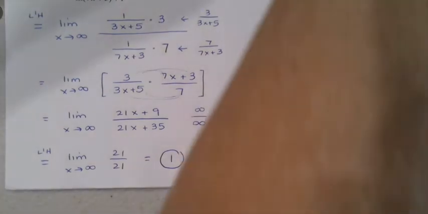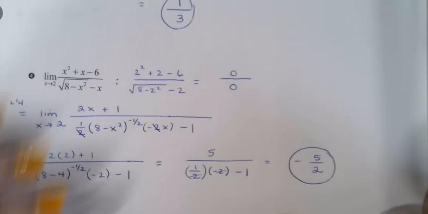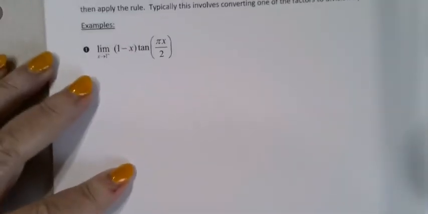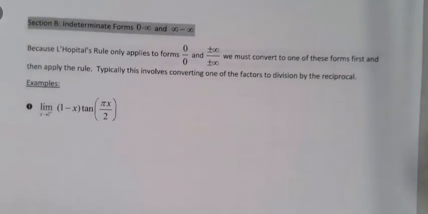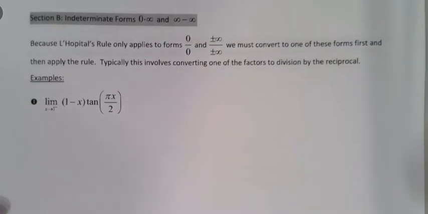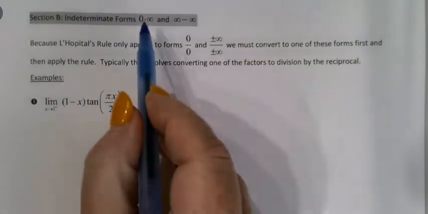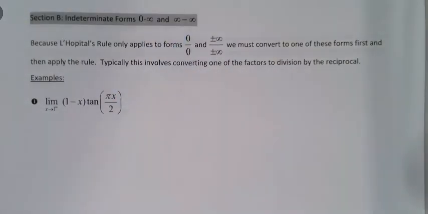What if I have one of the other indeterminate forms? The next two I want to look at are 0 times infinity and also infinity minus infinity. Now keep in mind, L'Hopital's rule does not apply directly to those.